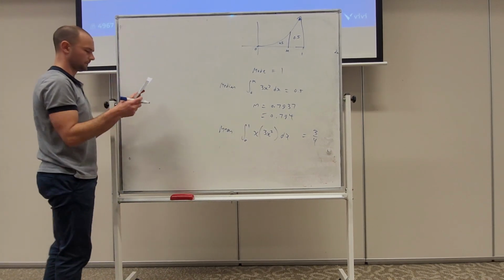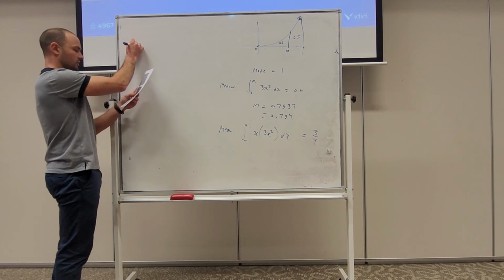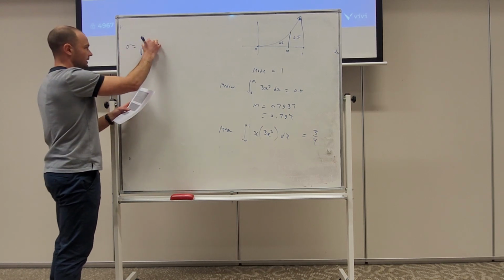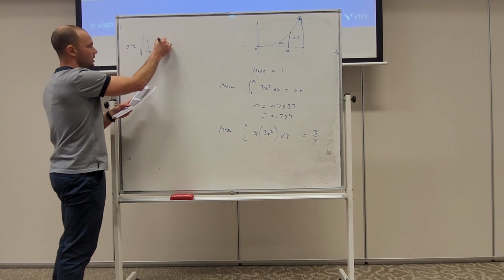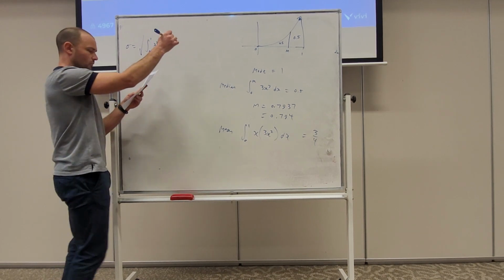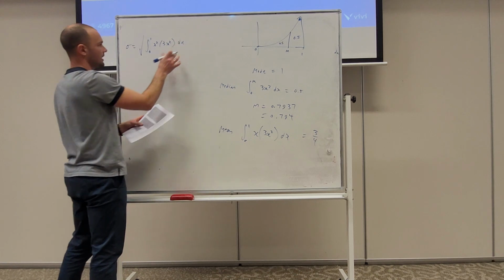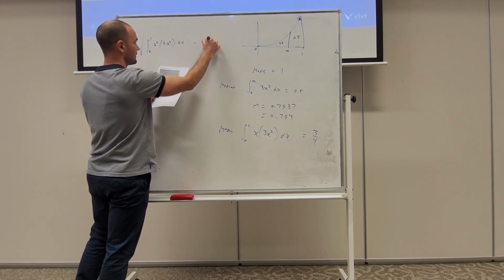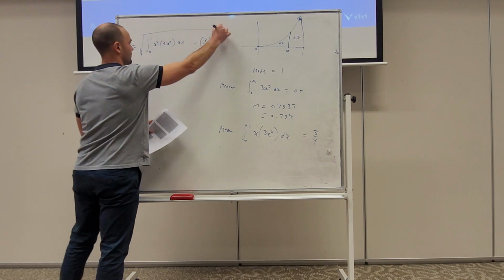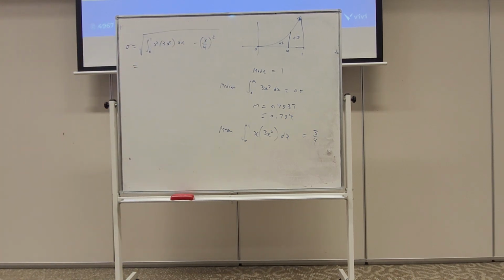I'll just go with the first one, which is the square root of the integral from a to b, so from 0 to 1, of x squared times the function with regards to x. So you're evaluating the integral, then taking away the mean squared, and then square rooting it. And again, that's just something that we will type into our calculator as well.